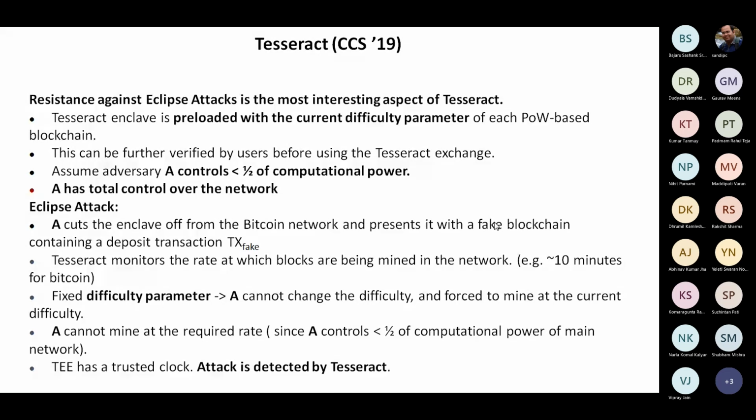And finally, what is to be kept in mind is this difficulty parameter. It starts with the original difficulty level of the genesis block, or when it is starting, it can get in a secure manner and hard code the current difficulty level of the latest block. Suppose the current difficulty level is say 15 leading zeros.